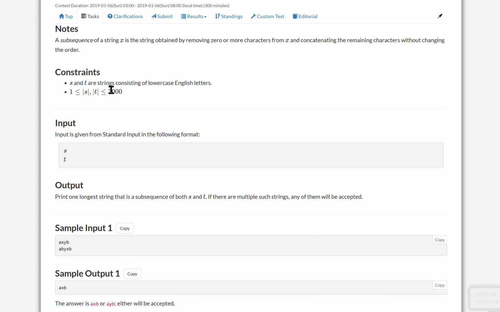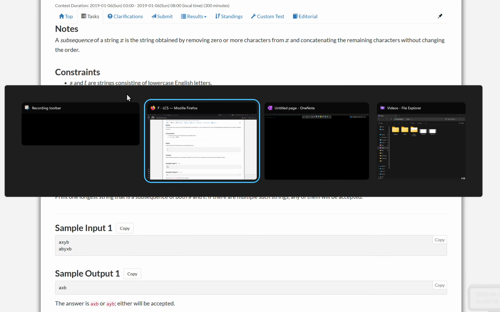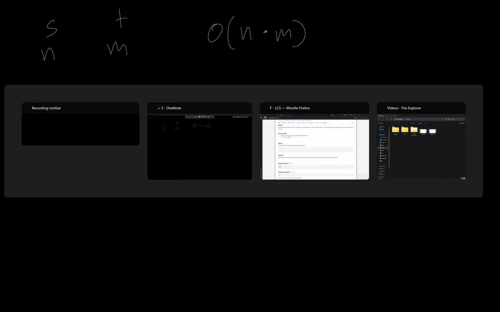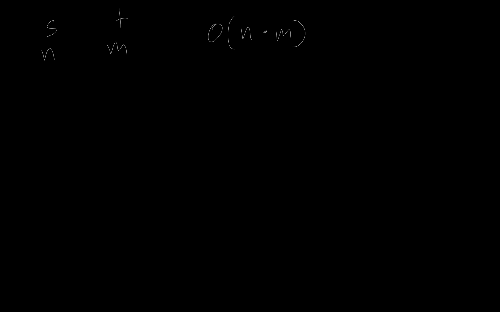Okay, so looks like it's 3000, right? So if we have S and we have T, and the length of S is N and the length of T is M, we can work with a complexity of N times M, okay? So let's see what we can do.